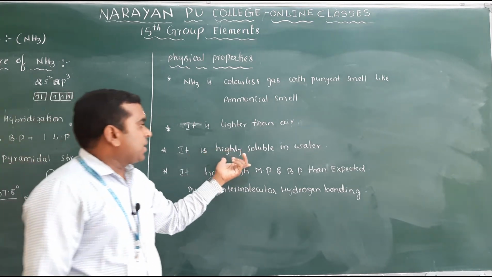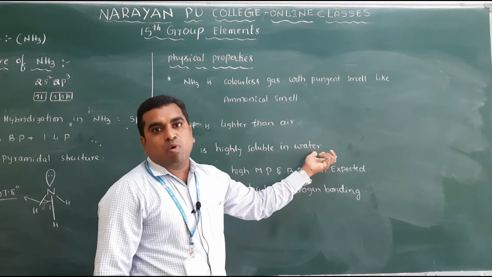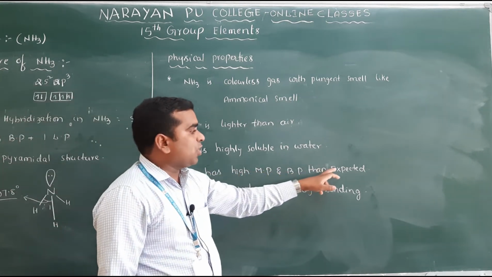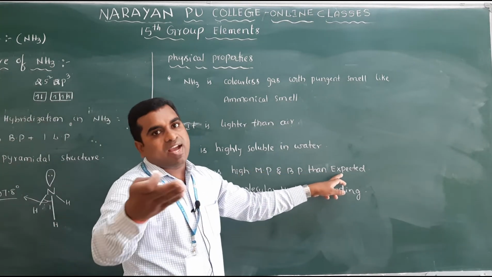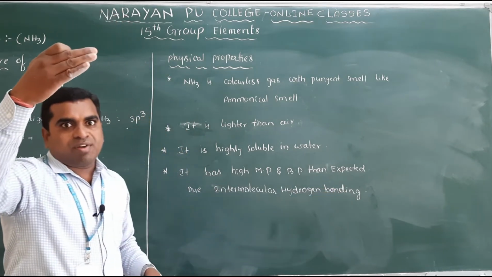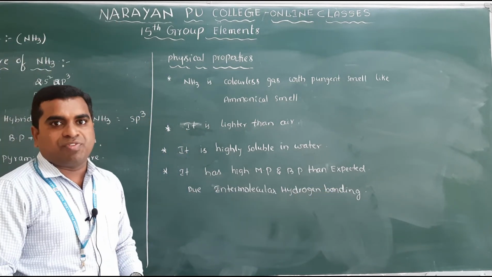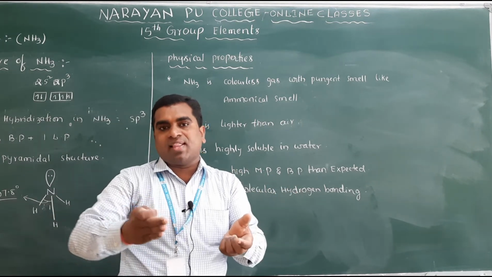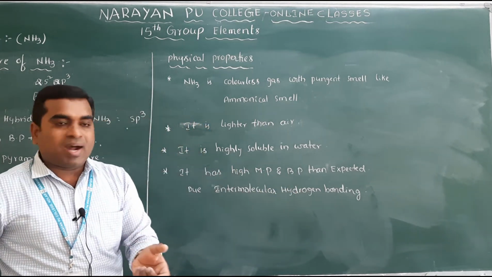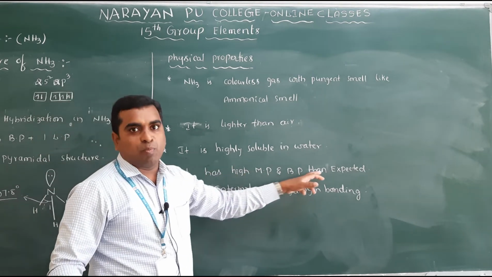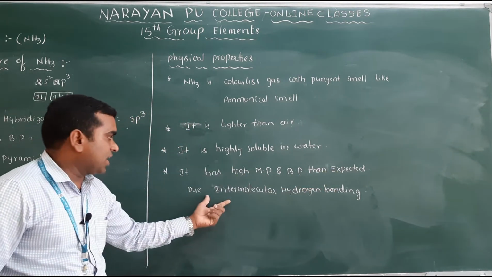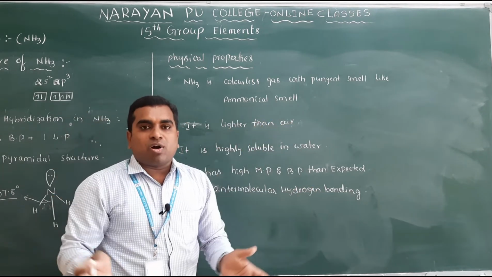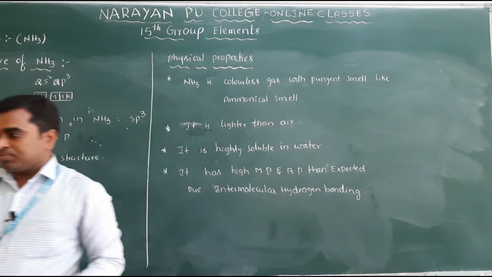Because ammonia can make hydrogen bonds with the water molecule, and it has a higher boiling and melting point than expected. When we discussed the hydrides of the 15th group, NH3 should have had the lowest melting and boiling point, but it has high melting and boiling points because of hydrogen bonding existing among the ammonia molecules.